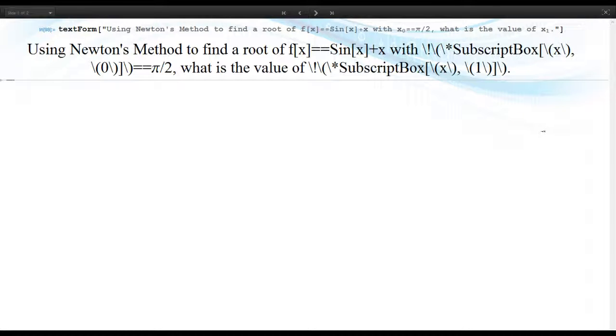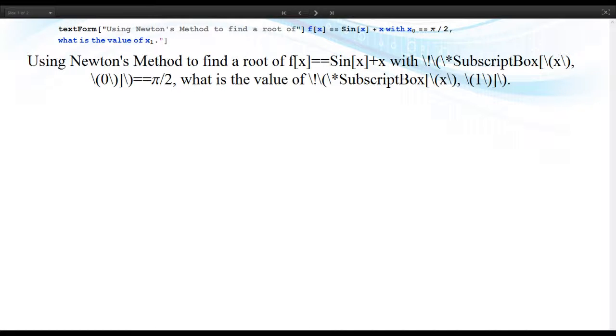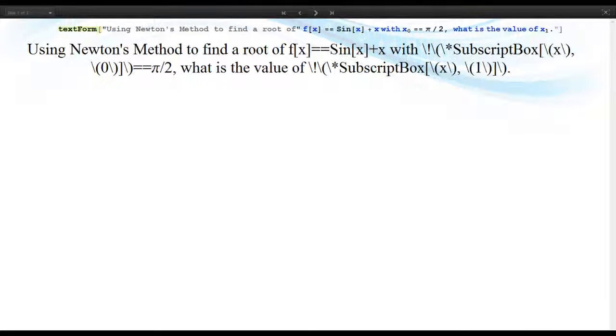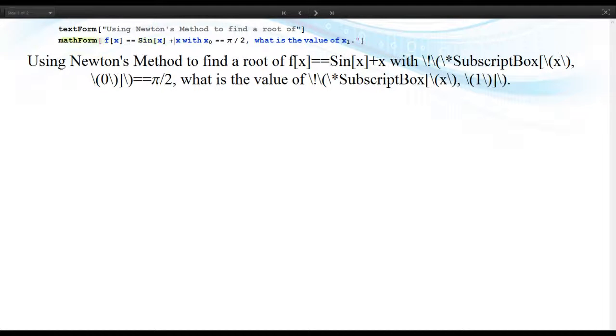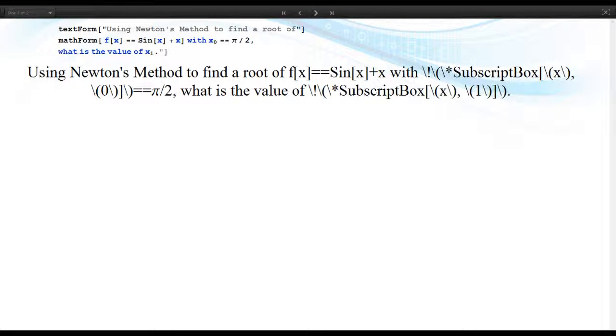Wow. I guess text form can't handle math symbols.